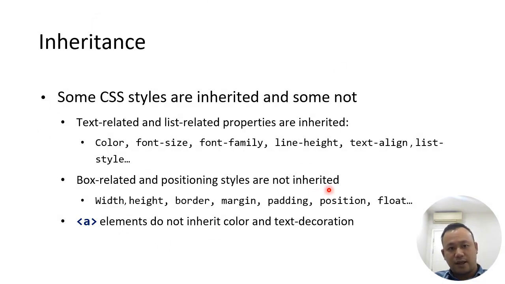Moreover, some CSS styles are inherited and some are not. For example, text-related and list-related properties are inherited, such as color, font size, and font family. Box style and position style are not inherited, for example width, height, and border.